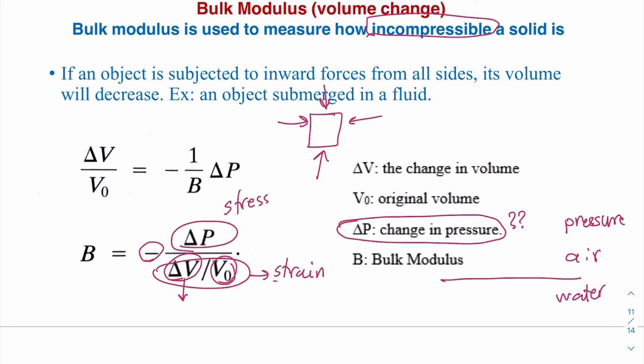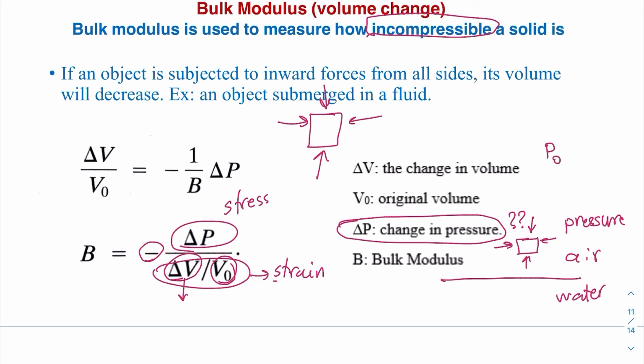So all objects in the air, suppose this is a cube, are under air pressure, so there is a pressure acting on it, P sub naught, for example.